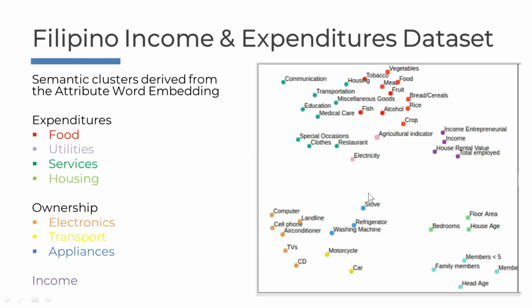Next to it are the appliances, stove, refrigerator. Then the bottom here is the transportation. On the right are things that go with the house and the family, and income. So it's really nice that just from using Word2Vec in the context of domain data, you can project the attributes in a thematic way and identify these semantic subspaces that way.